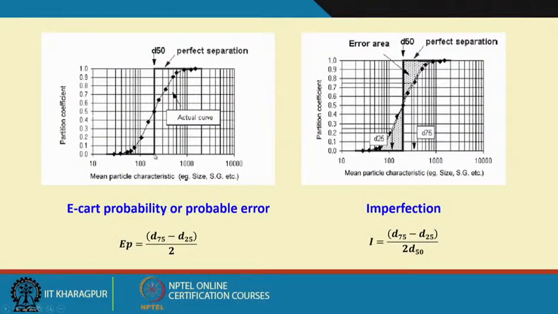This imaginary size you get from your partition coefficient data; it is not the actual separation which has given it. So if this imaginary size is 200 micrometers, then with screening at 200 micrometers I would have got 50% of the feed material into the oversize and the remaining 50% into the undersize.